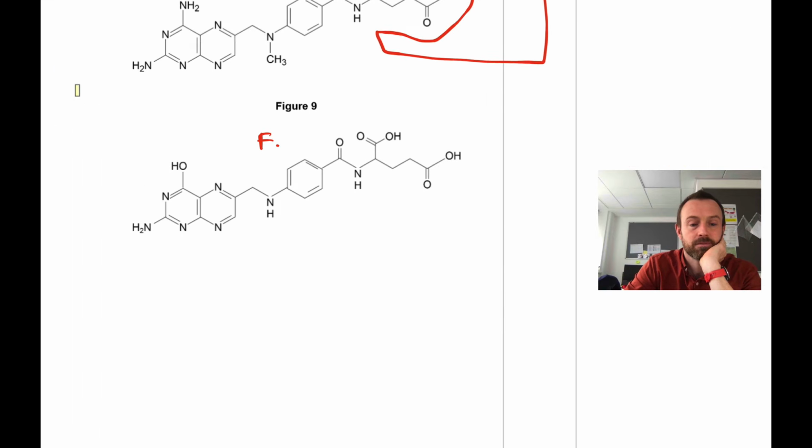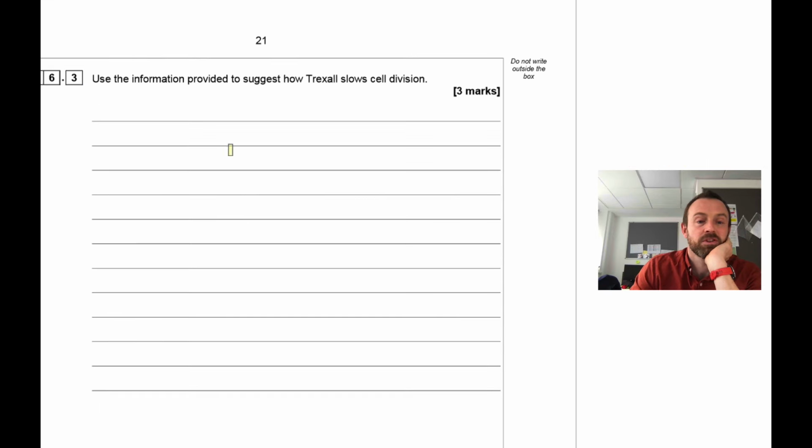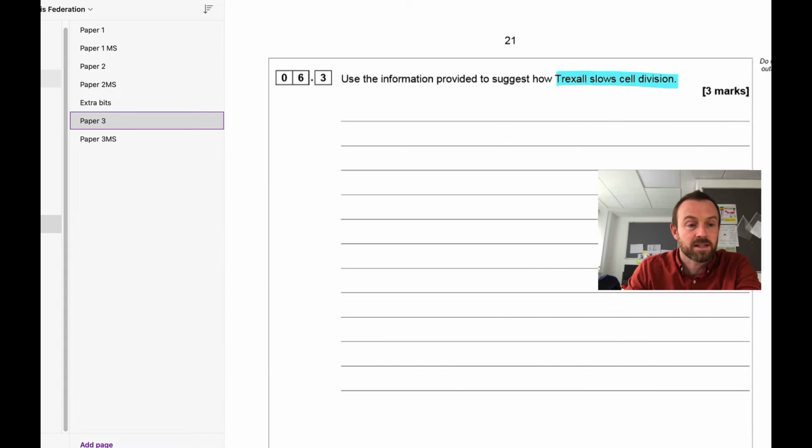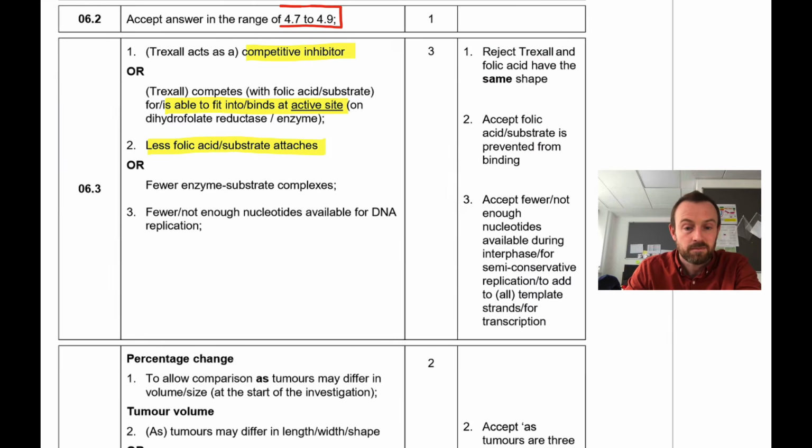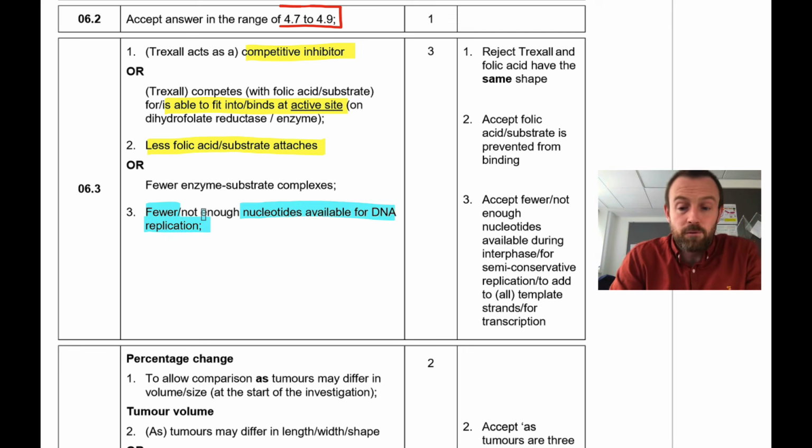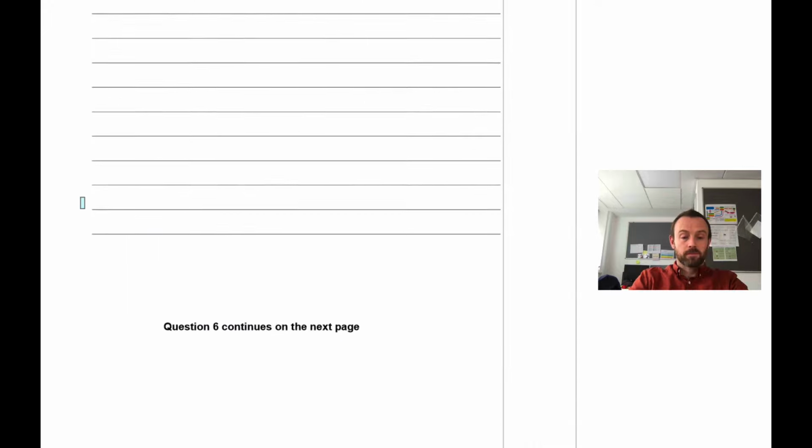The question is, use the information provided to suggest how Trexol slows cell division. I didn't see that, I was going too quick. Not just how it inhibits the enzyme, but how it slows cell division. So it inhibits the enzyme, and that means that fewer nucleotides are made. So therefore, there are not enough free nucleotides for semi-conservative replication.